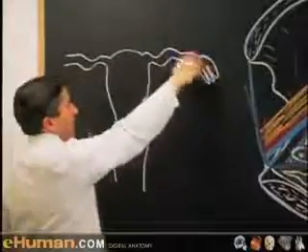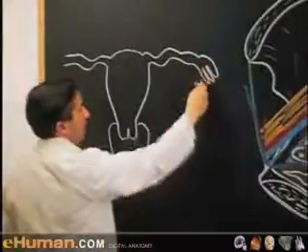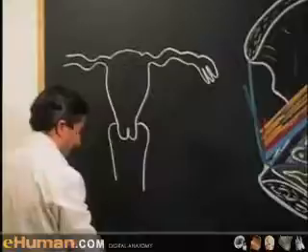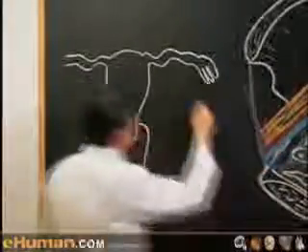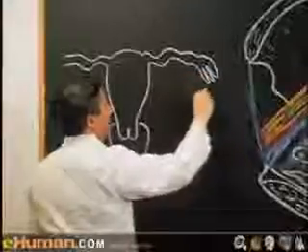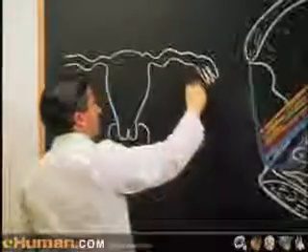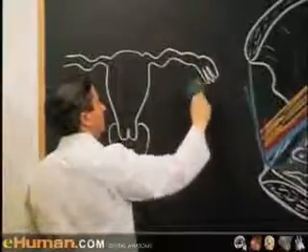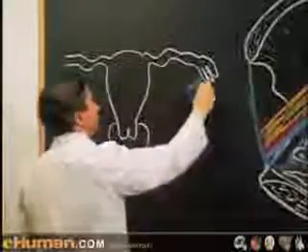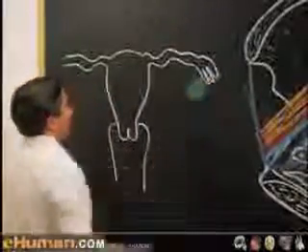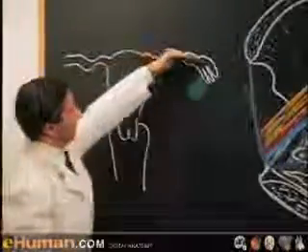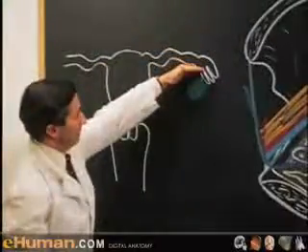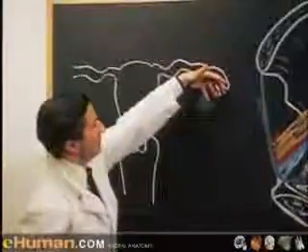Now the fimbriated end of the uterine tube is related to the ovary in this manner. So that the uterine tube runs laterally to the lateral wall of the pelvis and then ends as a fimbriated end.